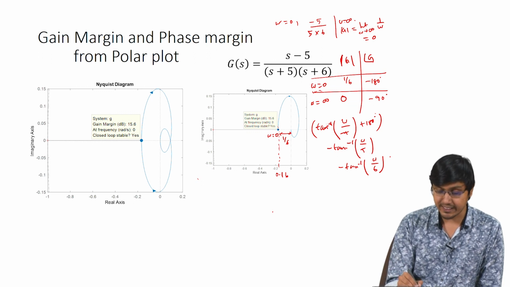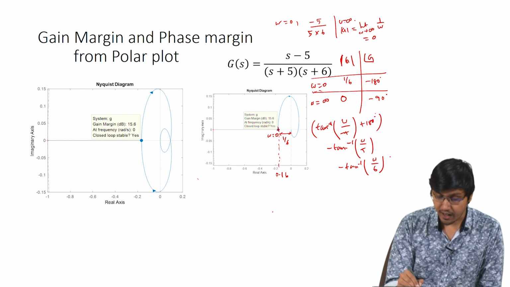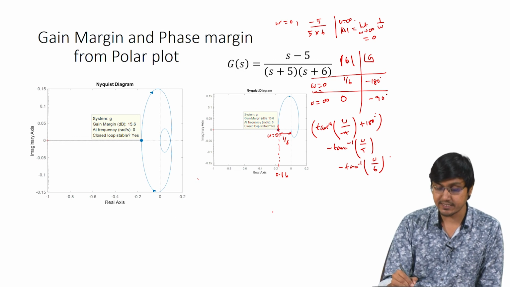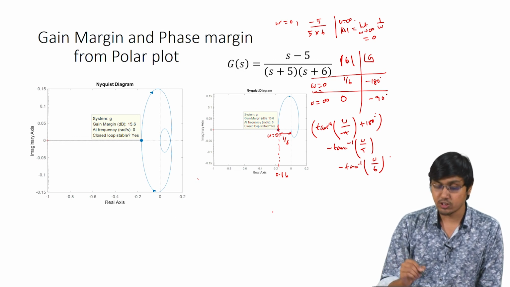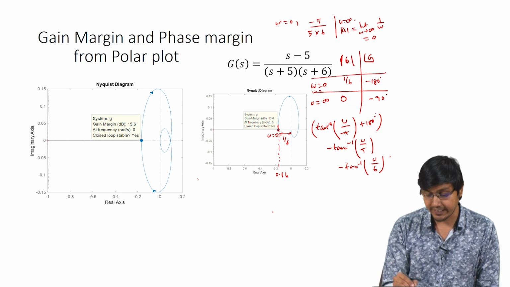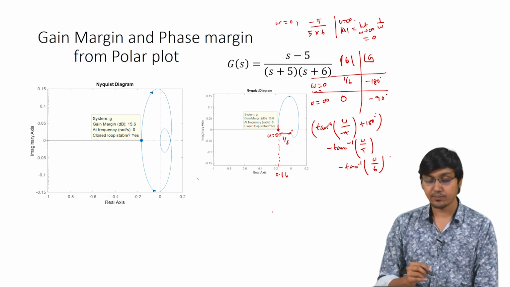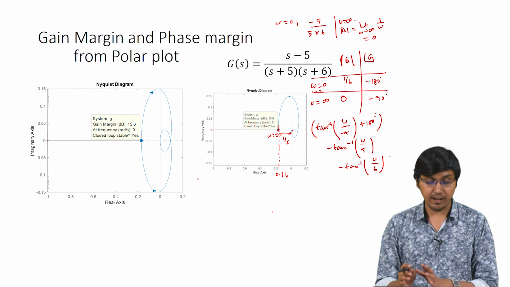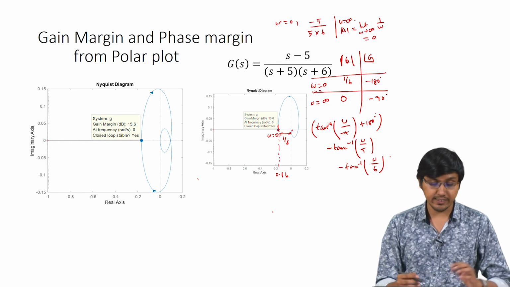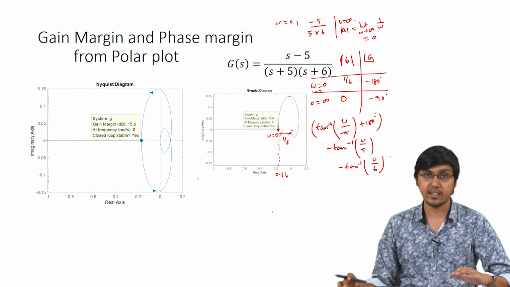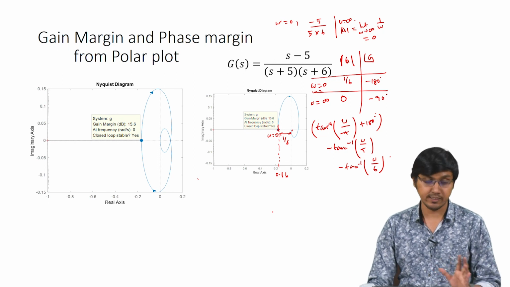You can then find that the amplitude increases at first and then decreases, and then it goes to minus 90 degrees at the end point. This is the polar plot, and if you take the mirror image of the polar plot, you will get the Nyquist plot. That is what you are going to have here.